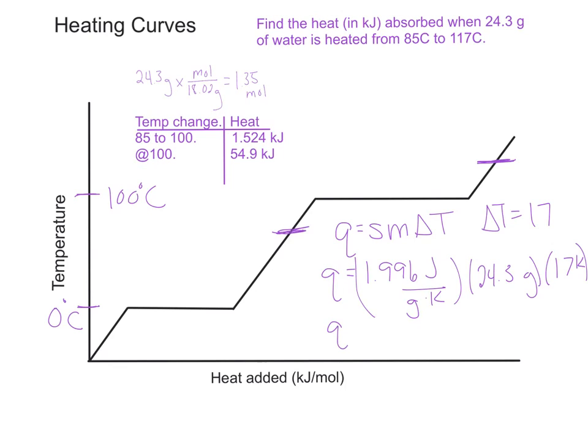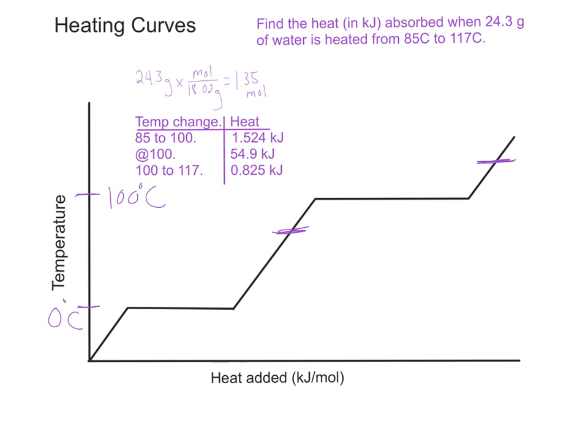And that overall heat comes out to, once you calculate everything out, 825 joules, which can be interpreted, of course, as 0.825 kilojoules. So now let's just go ahead and add that to our table.